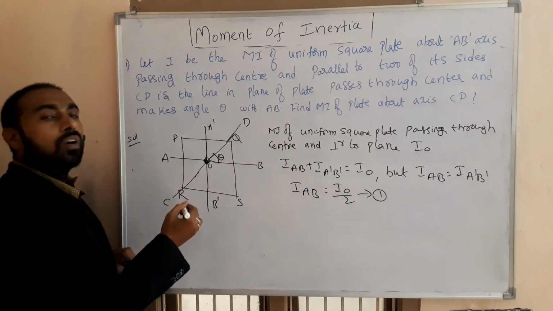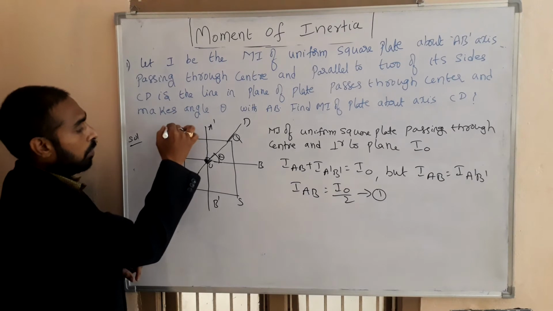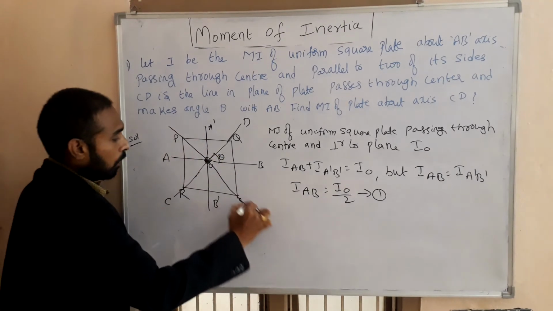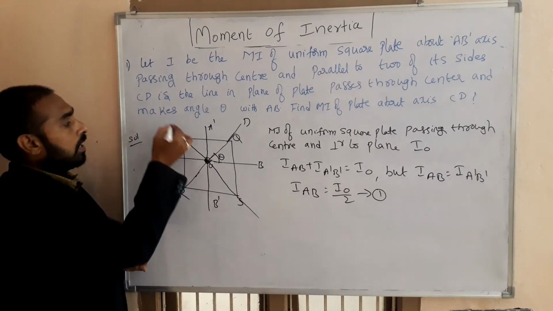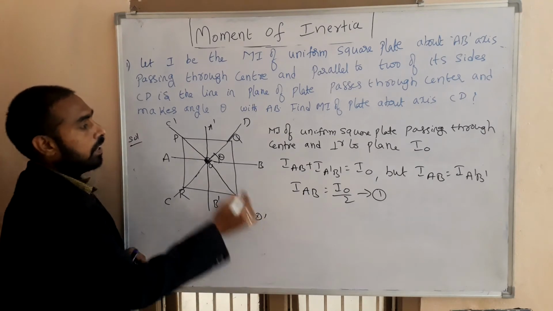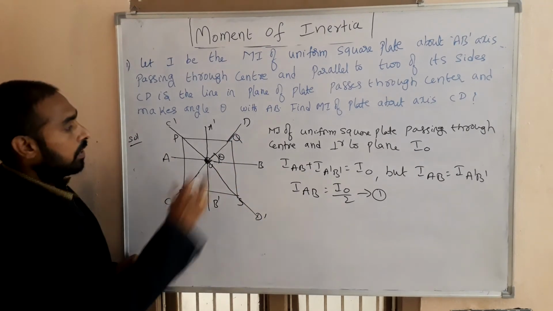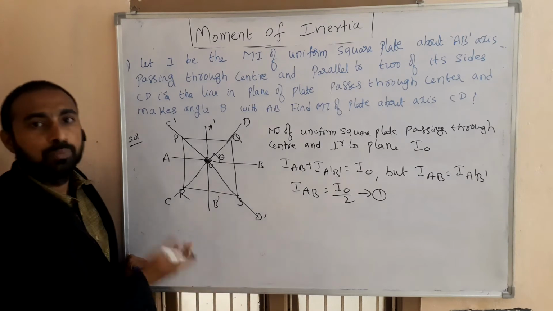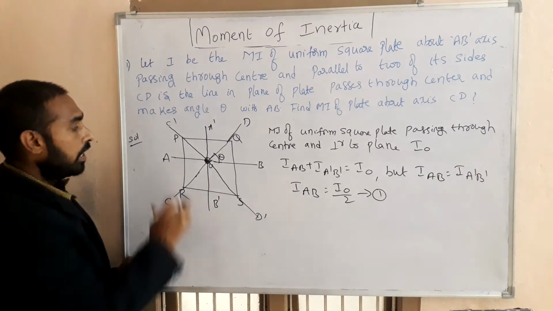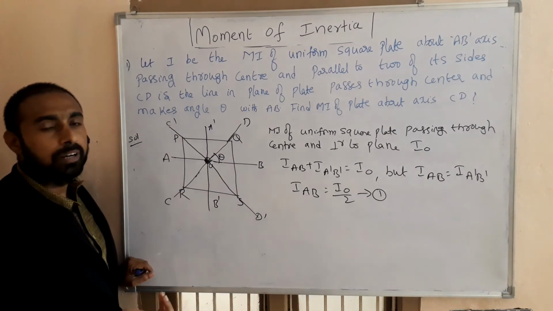Once again I draw one more normal, C dash D dash, that is perpendicular to CD. CD and C dash D dash are mutually perpendicular, and AB and A dash B dash are also mutually perpendicular.